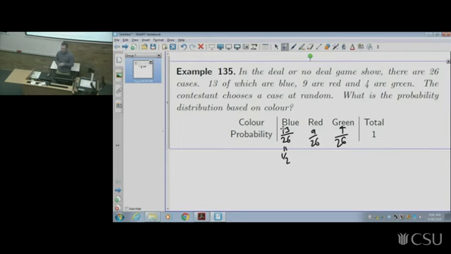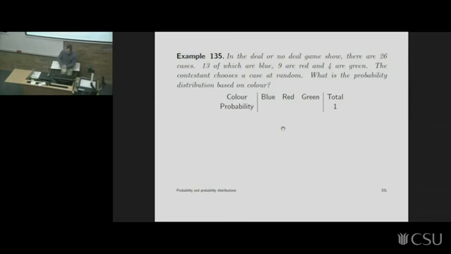But if you go as a team, you make more money that way. That's just how they set the game up, because in the interest of TV they don't want to make a deal at the very first round. It doesn't make very interesting TV. So you can do lots of probability distributions. Colour's just the simple one, to make it easier, but you can do it for the numbers too.